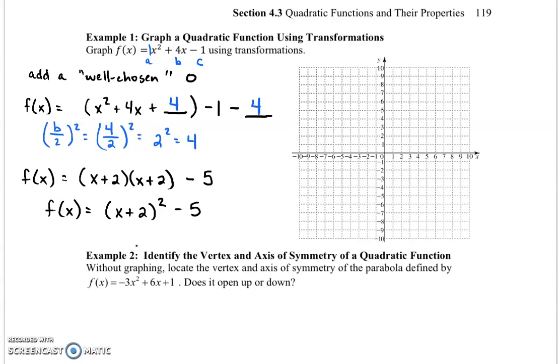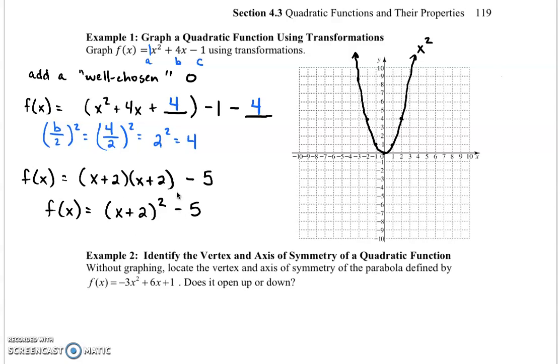Now from here, we can figure out how to graph it. Because our normal x squared looks like this. So what kind of transformations do we have here?